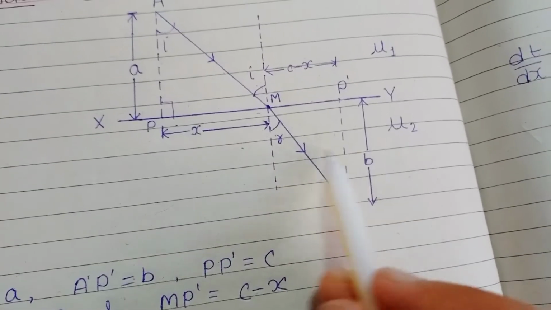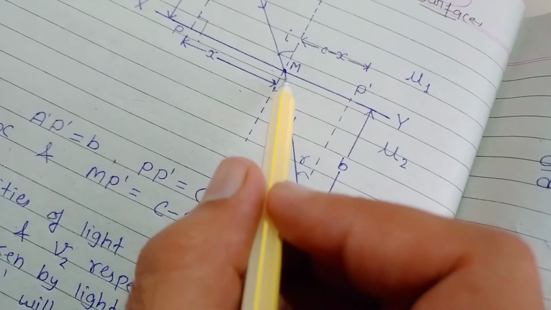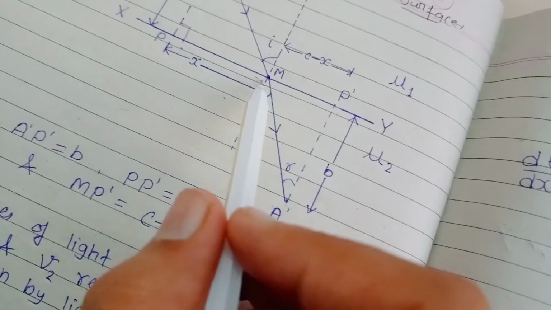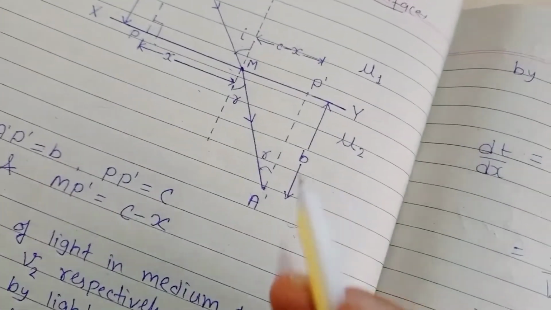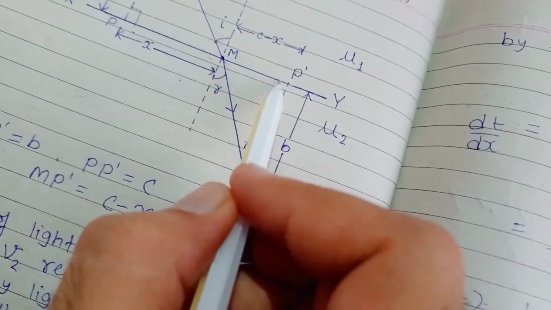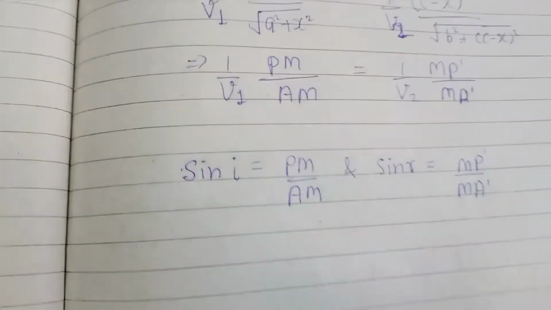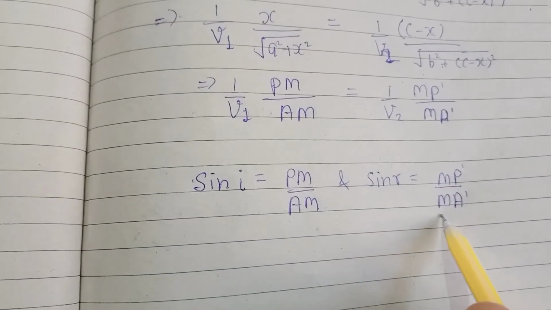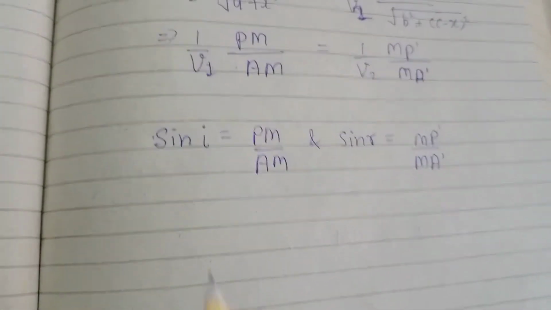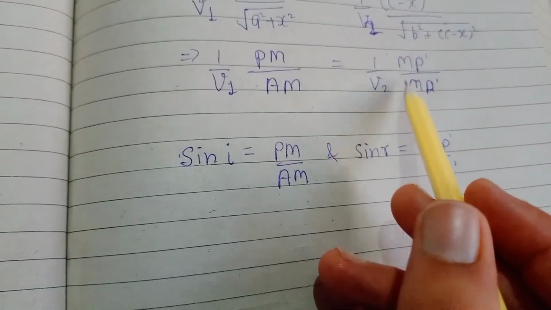And now in this triangle, when we take this angle R, the sin R will be equal to, sorry I got nervous, the perpendicular is MP dash and the hypotenuse is MA dash. So the sin R is equal to MP dash upon MA dash. So this is sin I and this is sin R. So now you can see that these are also the values of sin I and sin R.